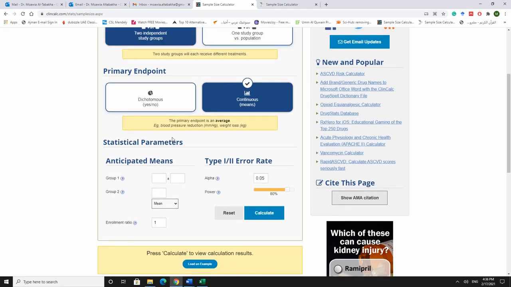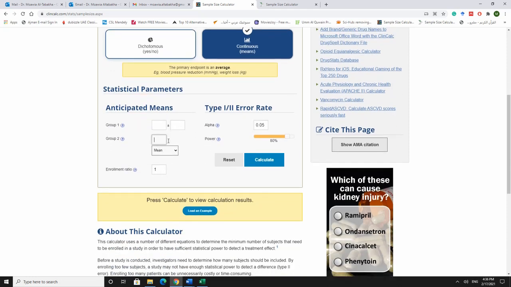I know that for drug B, which is the control maybe, or another drug from literature or from my knowledge, or from previous studies, I will get 190. Look here, it is telling us what the mean is.